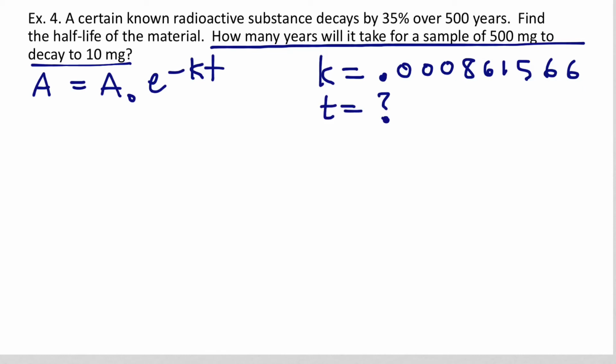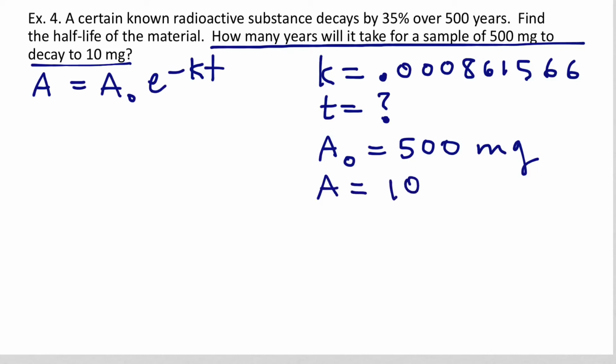All right, so our initial amount of material is 500 milligrams. And it's decaying to an amount of 10 milligrams over time. And this is the same rate we calculated, which is characteristic of the material. So if I substitute all these numbers in here, let's do that.